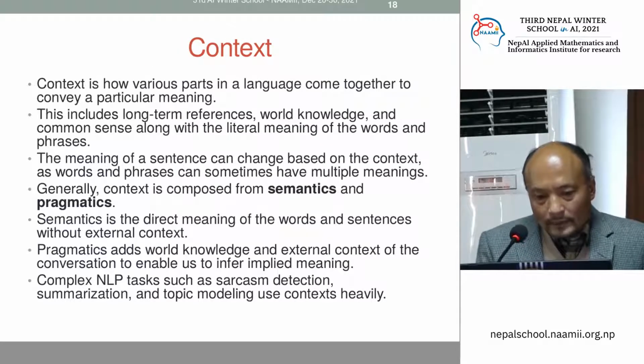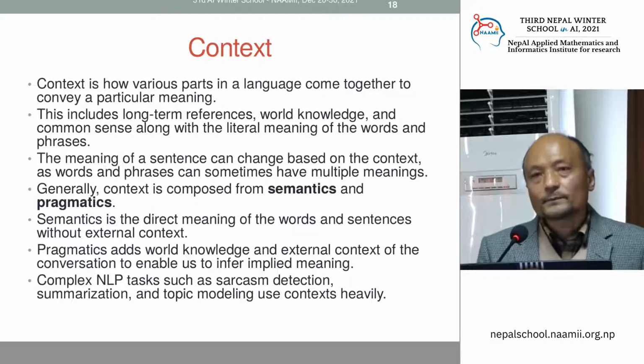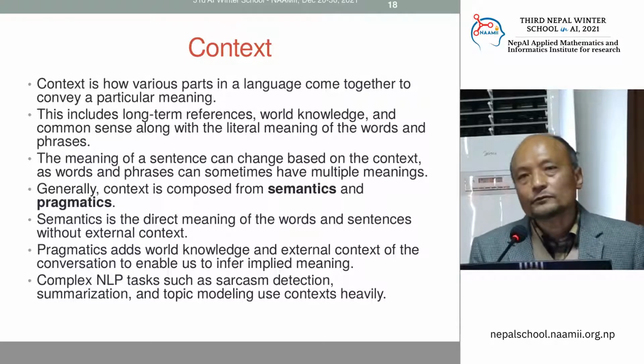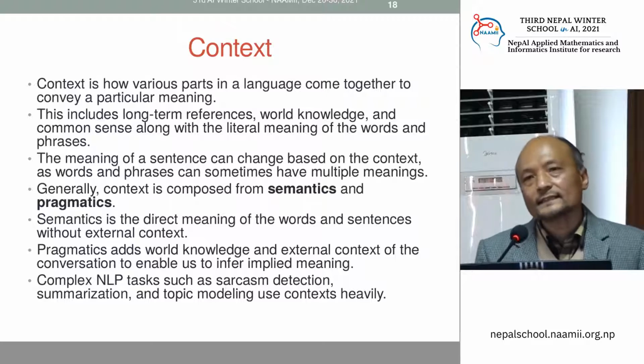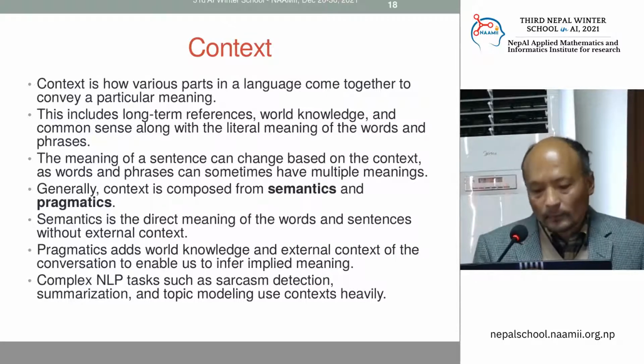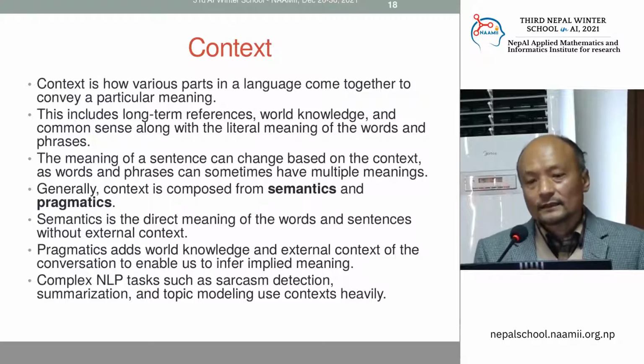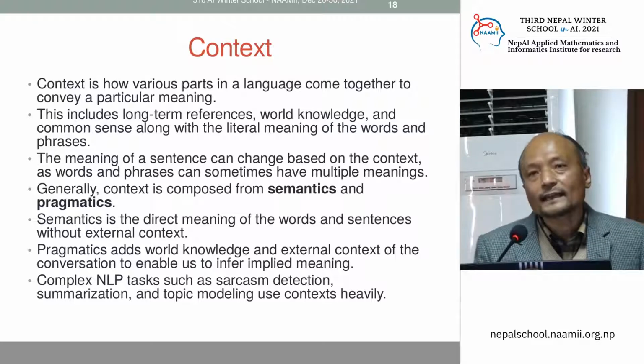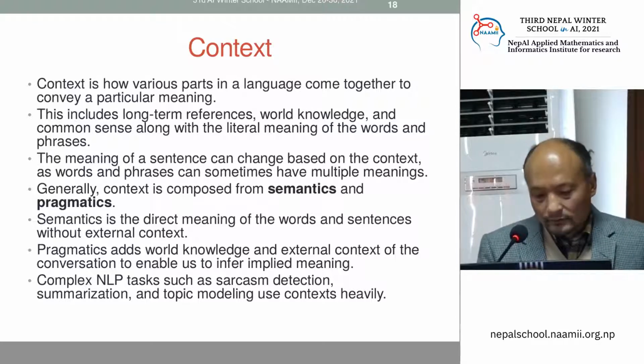Context. I've talked much about context, so it's about trying to decipher the meaning of words or sentences or phrases or higher levels of text, using the context into consideration, right?